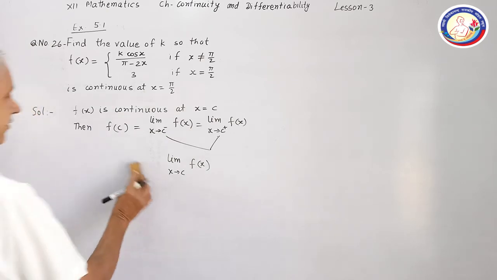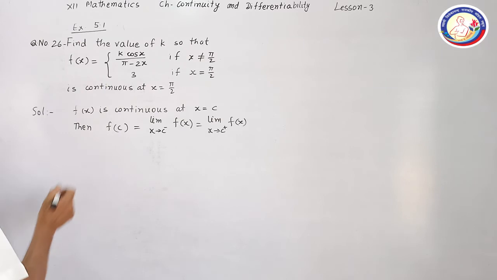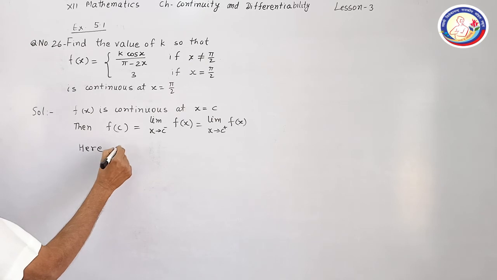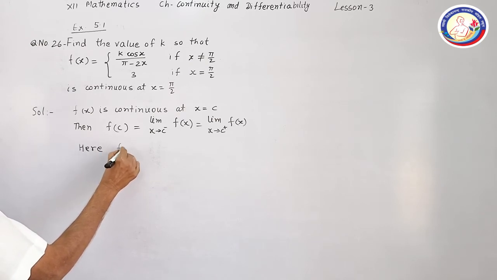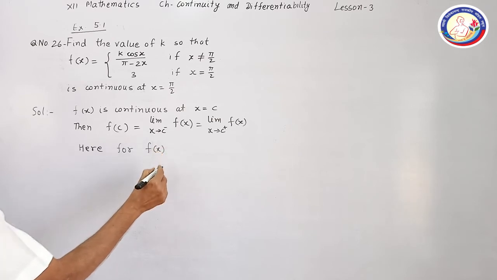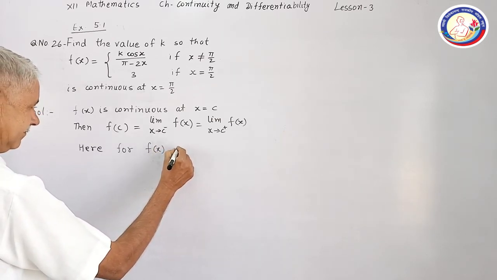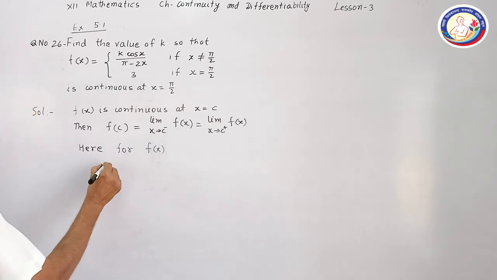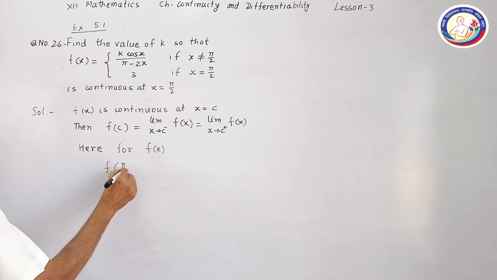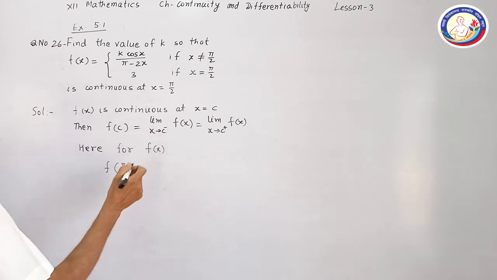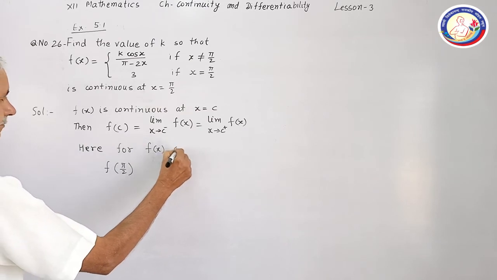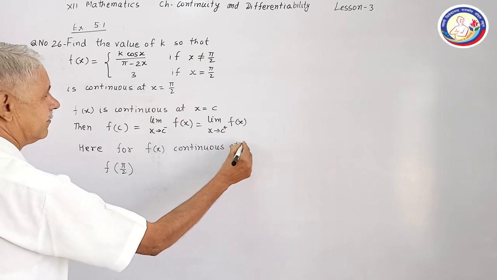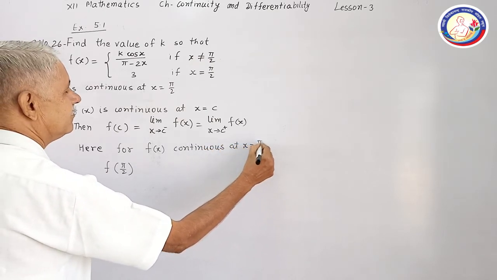So first of all, for f(x), the value of the function at pi by 2, because it is continuous, x equal to pi by 2.